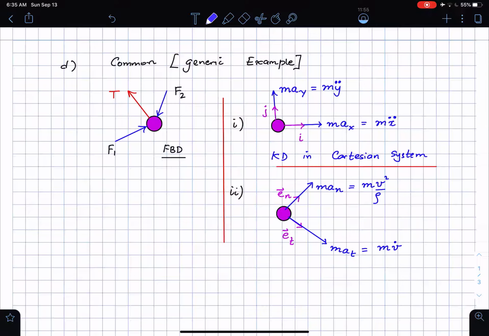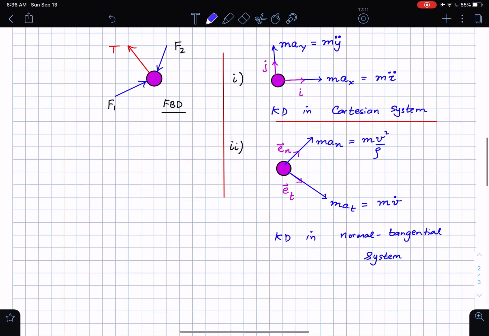So this is going to be the kinetic diagram in the normal tangential system. All right, so that's one more case study.